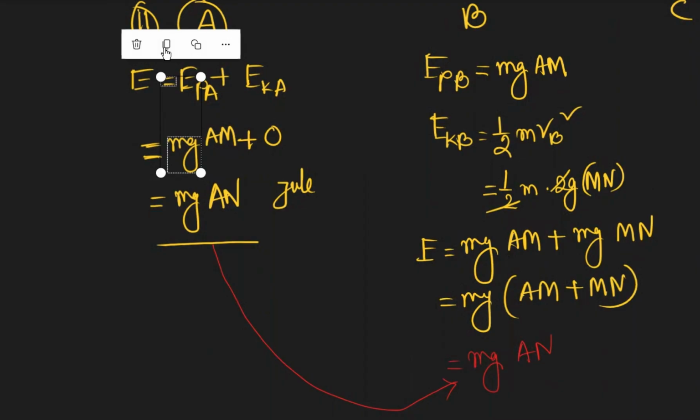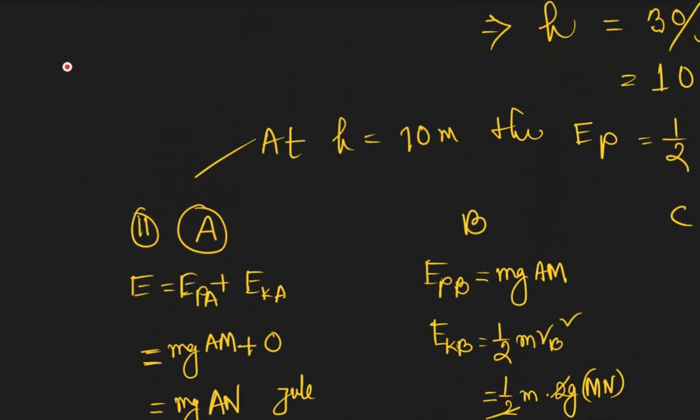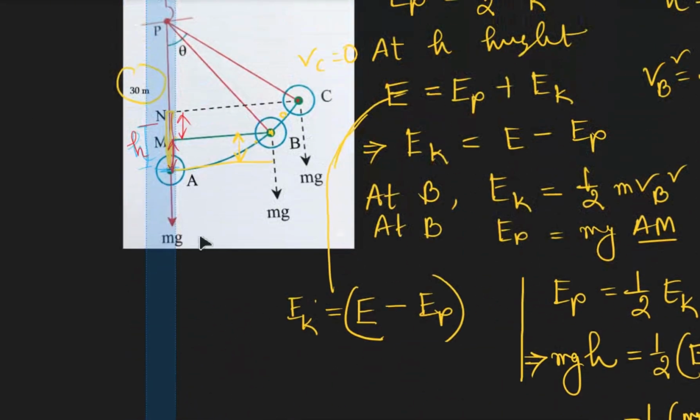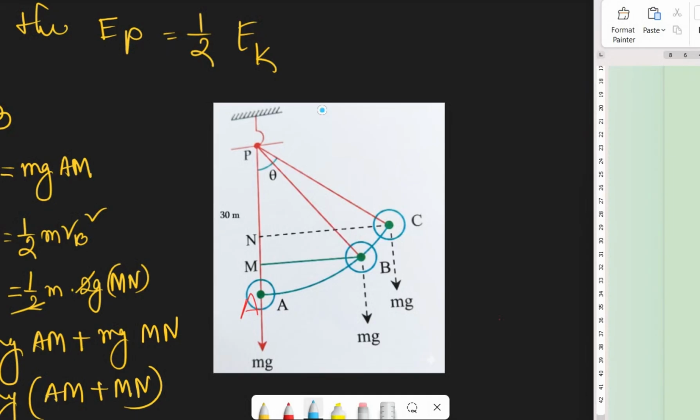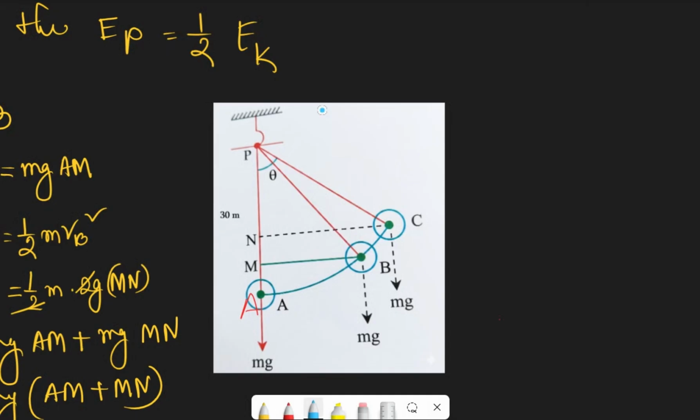So this will be actually point C. This is actually point C and B have been done, and this will be point A. So for point A, it means at this point there is no EP, right? There is no EP. So it's time to determine the value of the total energy at A point.